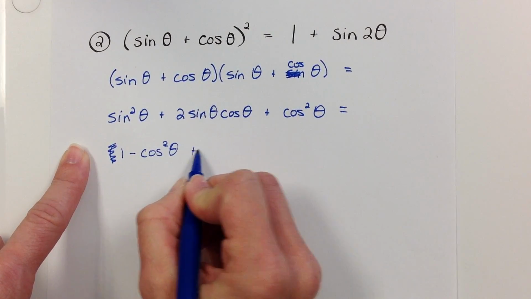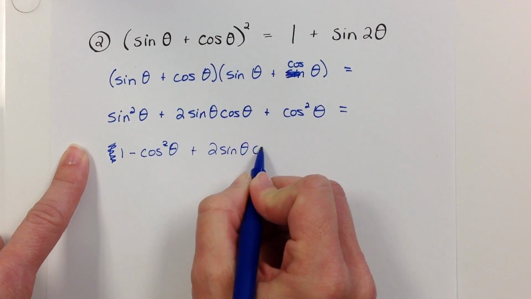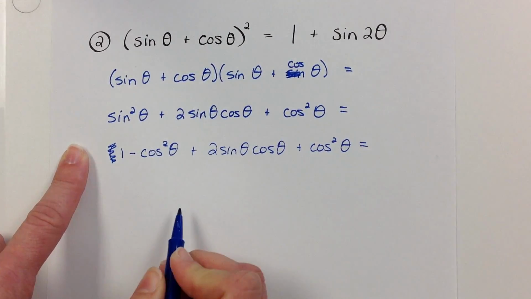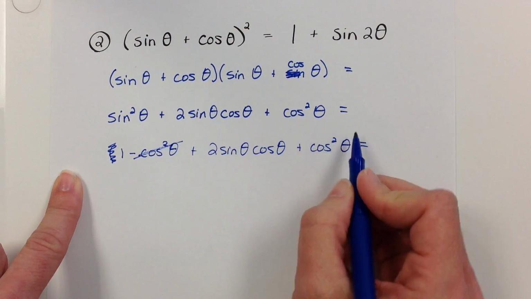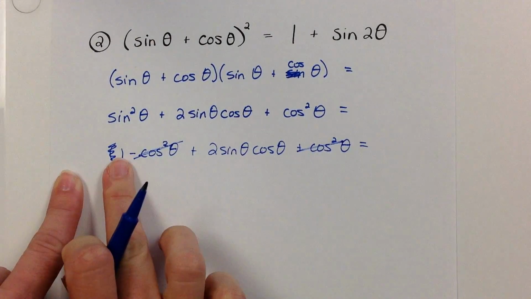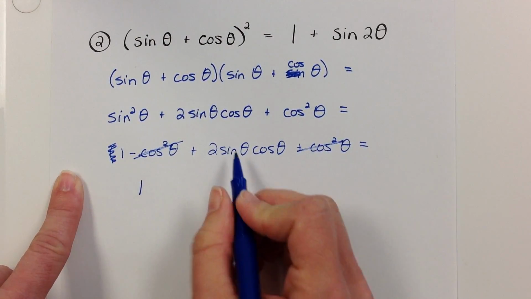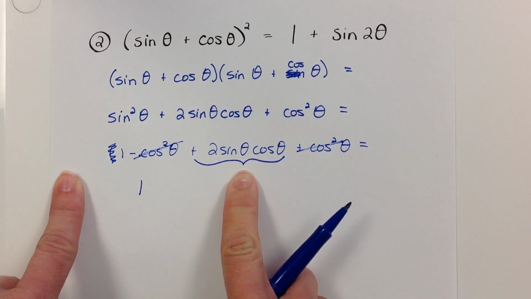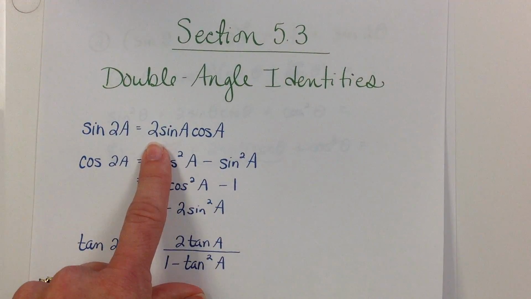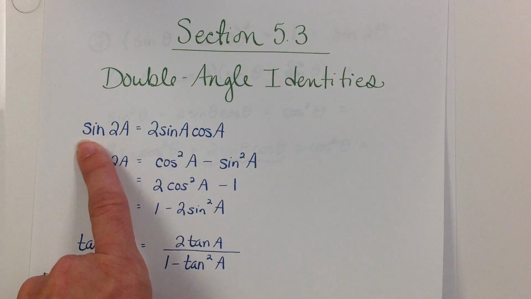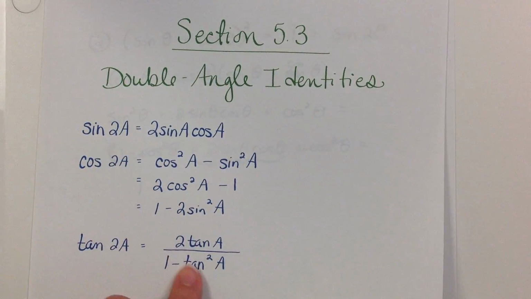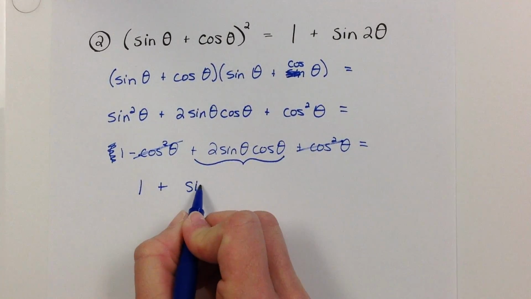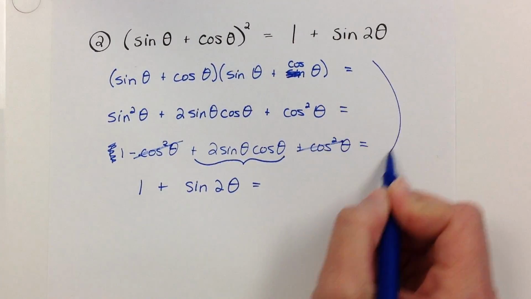And then I'll bring down the plus 2 sine theta cosine theta plus the cosine squared. Okay, so what will happen is your cosine squares are going to add out. Of course, that leaves you with the 1. But this is your double angle identity for sine. If you have 2 times sine times cosine, that gives you your double angle identity for sine, so you can replace this with sine 2 theta. And of course that's what we're looking for there.